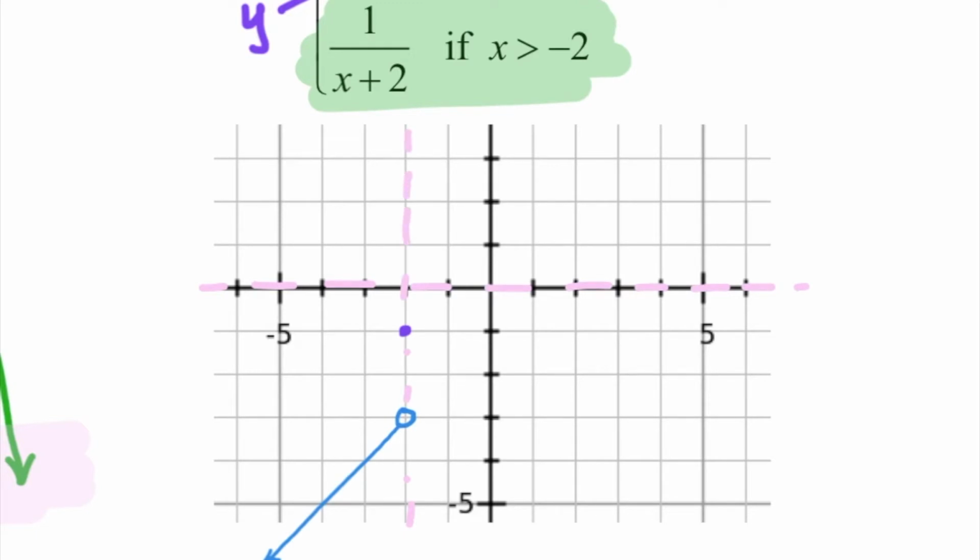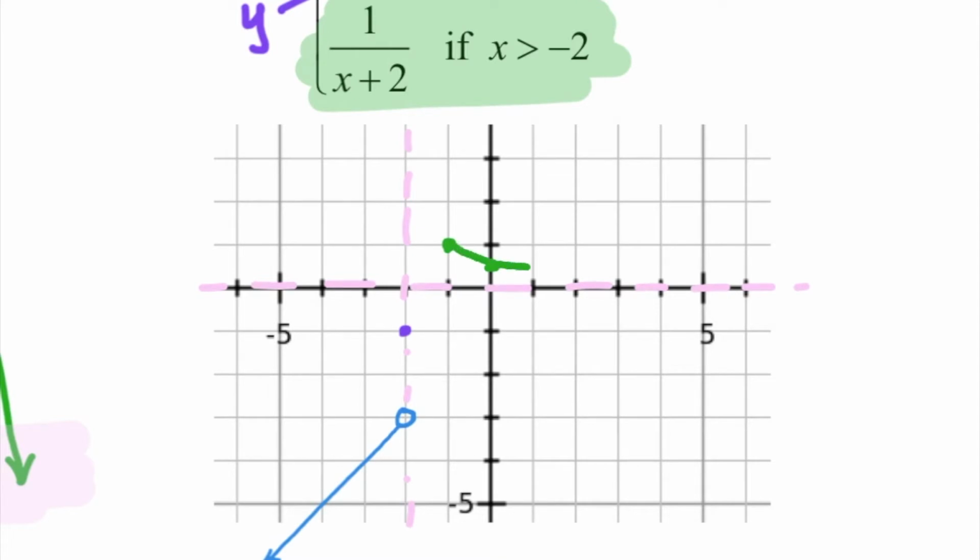And so your rational function there goes through, using green, this upper right portion of the graph, and it goes through points like (0, 1/2) and (1, -1), and so on.